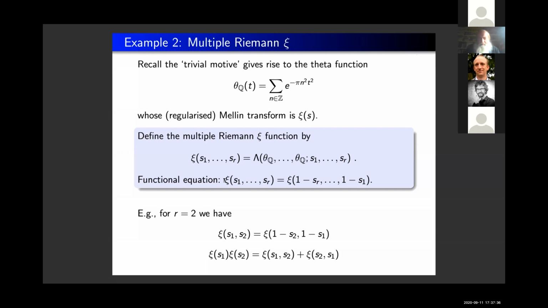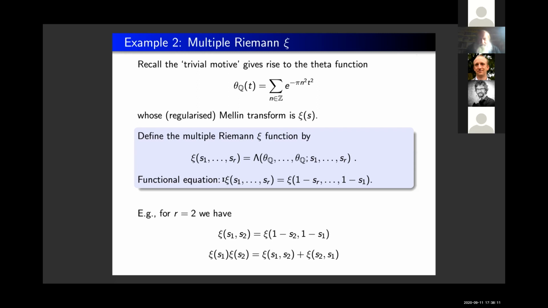And now if you were thinking along the lines of the previous slide, where the totally critical values were the ones strictly inside the box of the functional equation, you'd be panicking because there is no integer within the box. There's no integer strictly between 0 and 1. So it looks like there's nowhere interesting where we could evaluate this function. And I'm going to come back to that a little bit later.